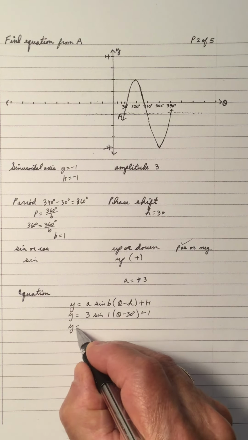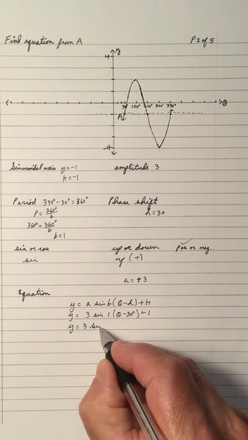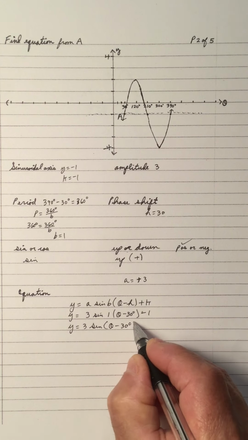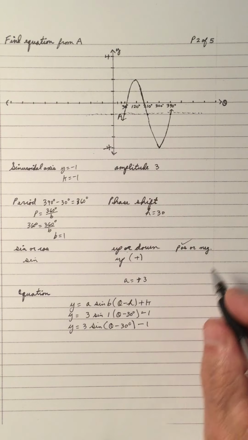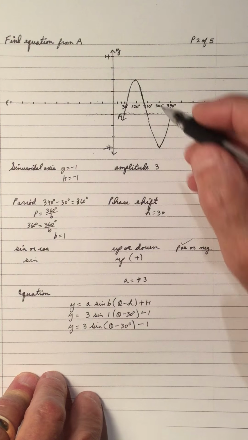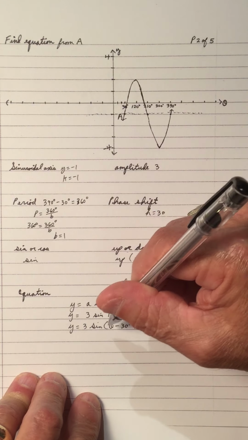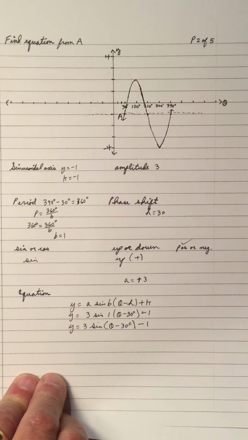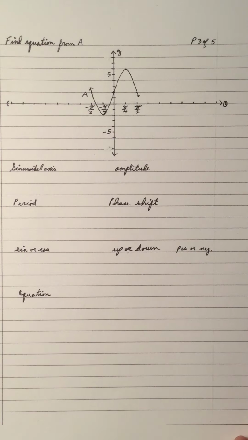So the equation is y equals 3 sine(theta minus 30) minus 1. That's the equation that represents this graph. Now there are many more sine or cos equations, but we're only working from A, the phase shift. Let's find the equation again from A.